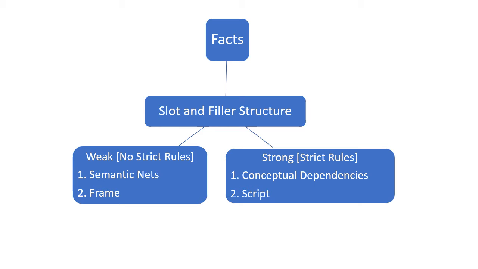Under this, there are two representations of knowledge, semantic nets or semantic network, and frame. Strong slot and filler structure contains strict rules, under which we have two representations of knowledge, conceptual dependency and script.